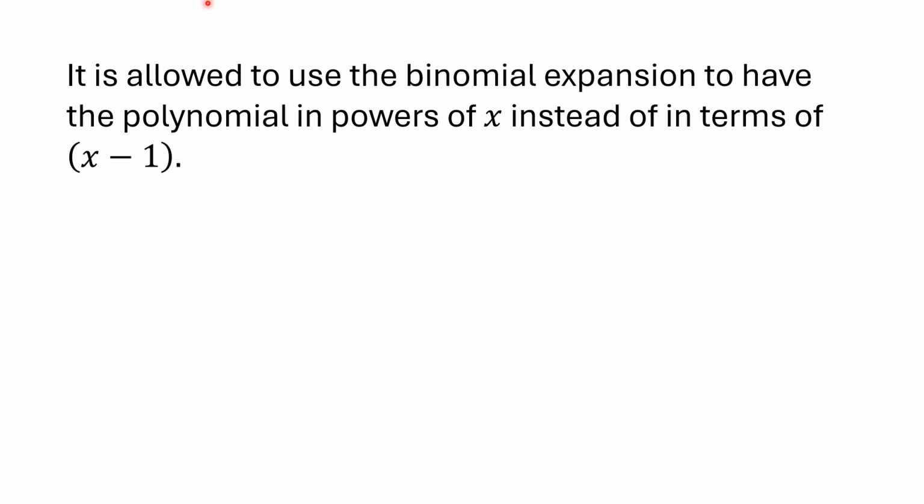If you want everything in terms of x instead of x minus 1, it is allowed to use the binomial expansion to have the polynomial in powers of x instead of in terms of x minus 1.